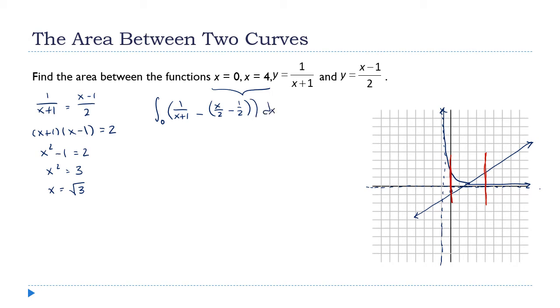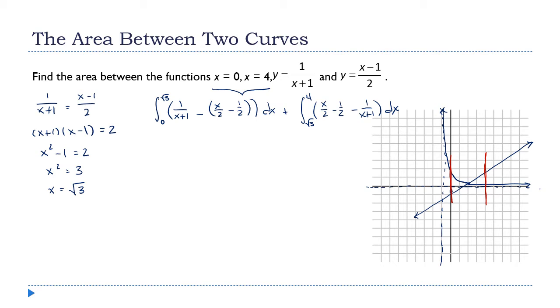Whoops, not 3. 0 to the square root of 3, plus the integral from the square root of 3 to 4, and now we're just going to do them the other way around. Right? We'll do x over 2 minus a half minus 1 over x plus 1 dx.